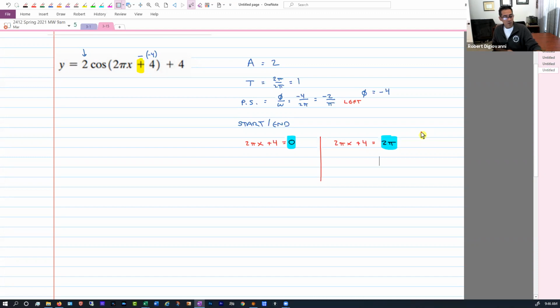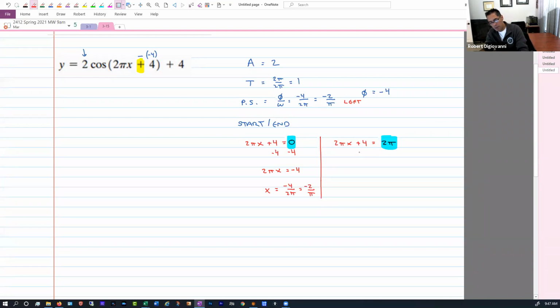Now you just solve this equation. I'm going to subtract 4 on both sides. That'll give me 2 pi x equals -4. Excuse me. And then I will divide by 2 pi. So -4 over 2 pi, which again gives you -2 over pi.